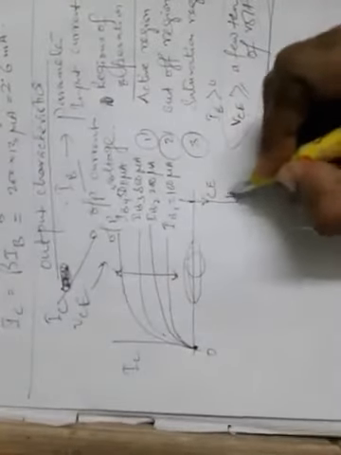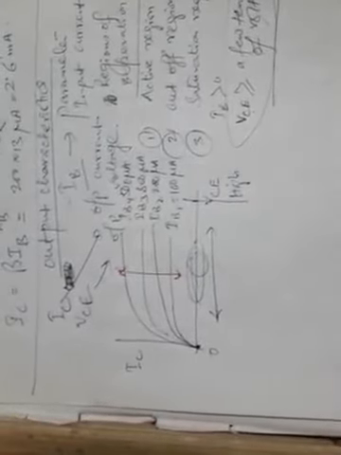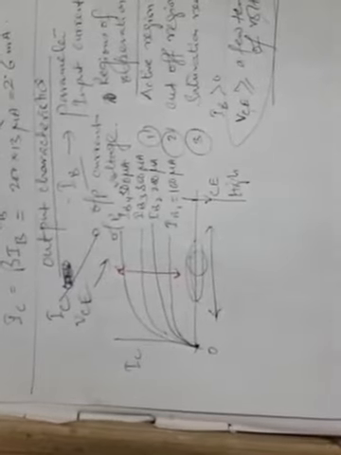So the active region is where VCE has some intermediate value between the two extremities, from 0 to a very high value, and IB is a positive value.